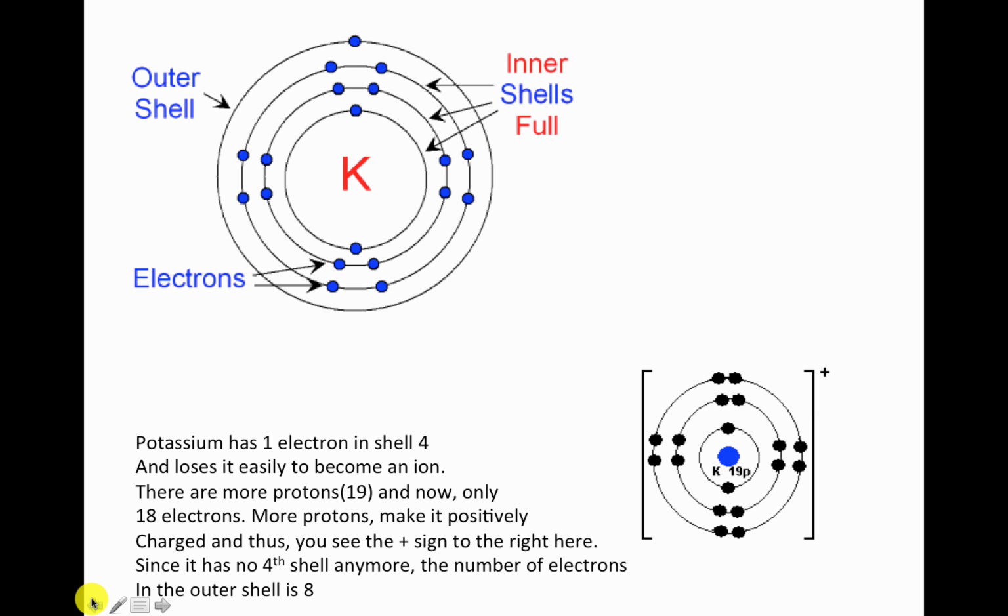The picture to the right is showing you an ionized potassium. The little plus sign indicates it's lost the outer shell. Thus, you can see the last outer shell has 8.